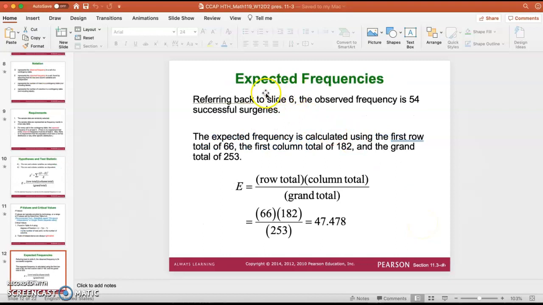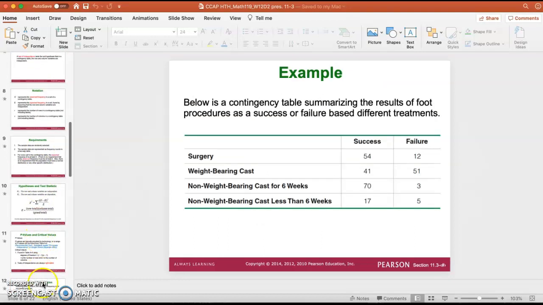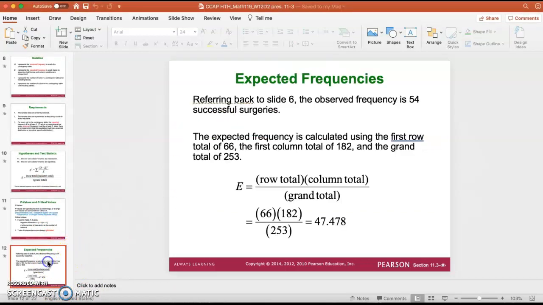Now, as for expected frequencies, referring back to slide 6, which has the table, let's get back there. The observed frequency is 54 successful surgeries, and this goes through a little bit of how we get the expected frequencies. You take the first row total, which was 66, multiply it by the first column total, which is 182, divided by the grand total of 253, and that's how we get 47.478 for the expected value.